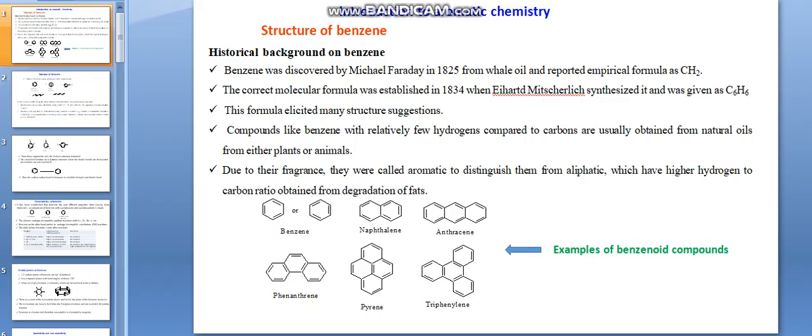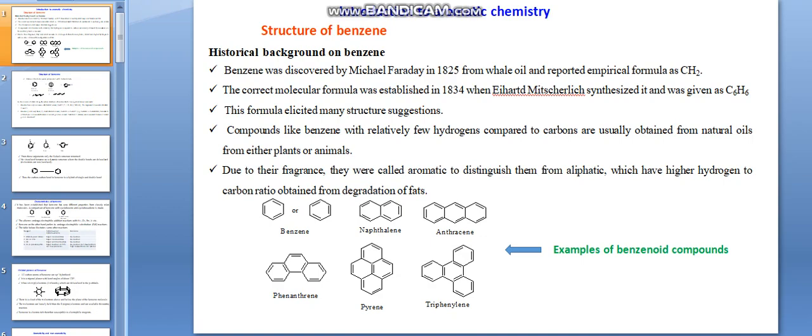The correct molecular formula was established in 1834 by another scientist, who synthesized it and gave it the formula C6H6, and the formula had a lot of contradiction.